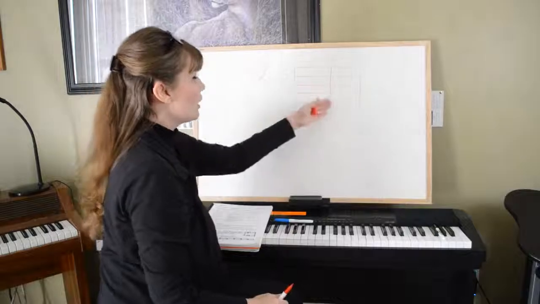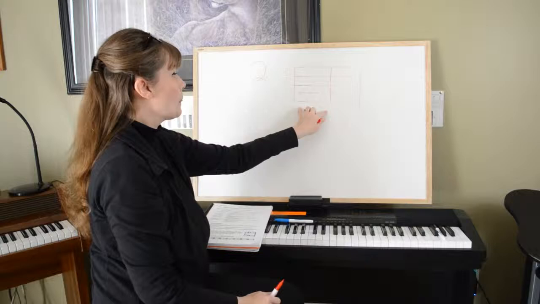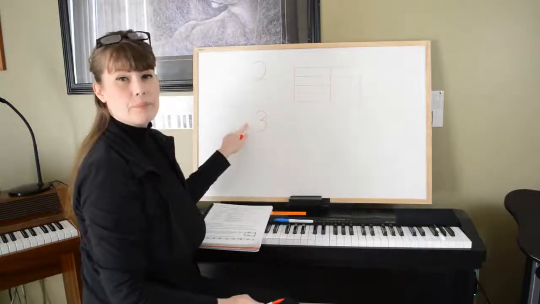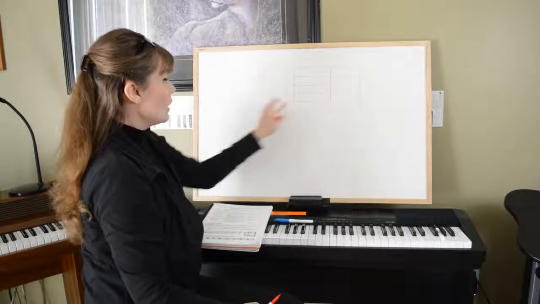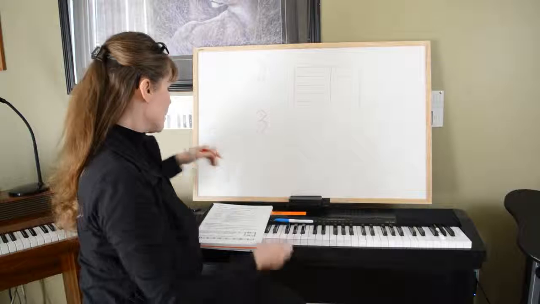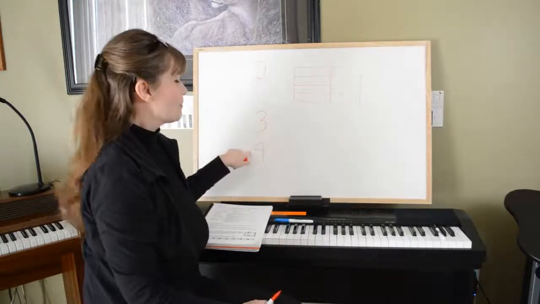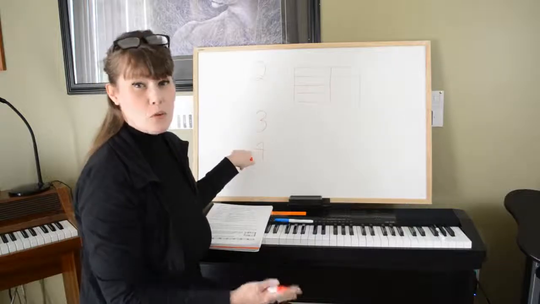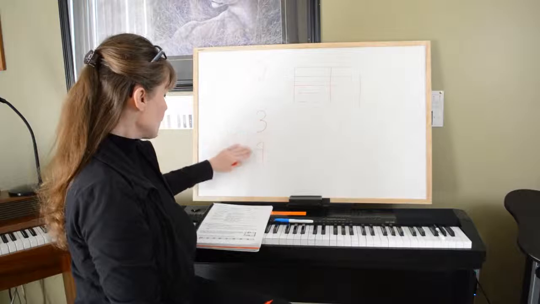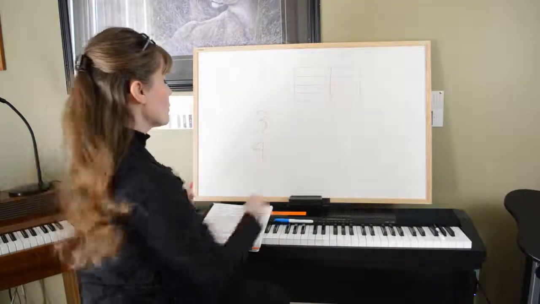So between every block, we're going to have 2 pulses or 2 beats. We also have triple time, and that means in every measure we're going to feel 3 beats. And then we have quadruple time, and you've already guessed, we're going to feel 4 beats in every measure. So we're going to use these basic beats to make some very simple time signatures.